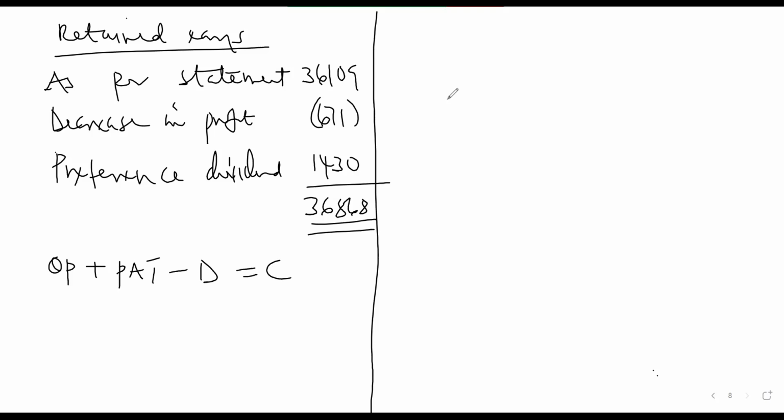Do you agree? Yes, sir. So we don't know the opening retained earnings, do we? No. But we know that the profit added was 27 something. The profit that was added before getting the closing retained earnings balance we have there is 27 what? 27,581. What was the total dividend subtracted? 4,200.